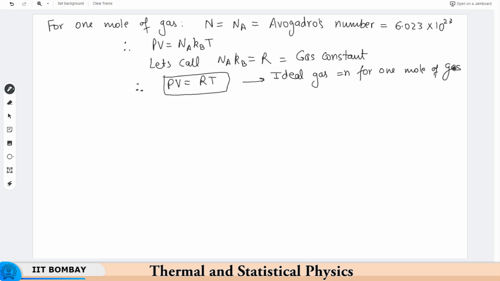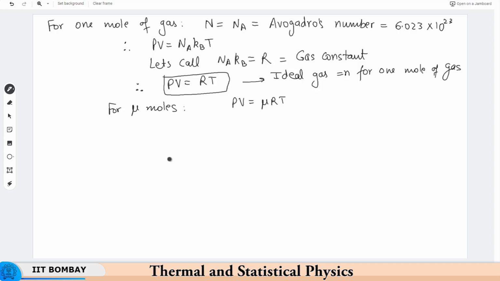And if you have mu moles, this takes the form PV equals mu RT, right. So this is an important result.